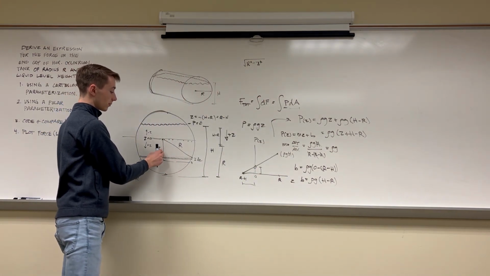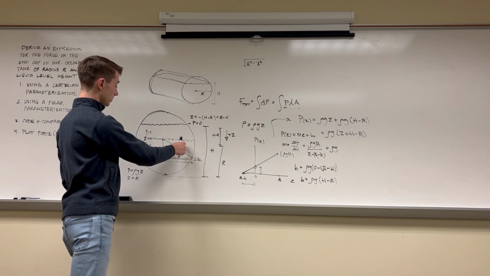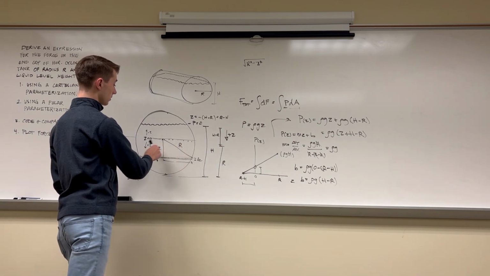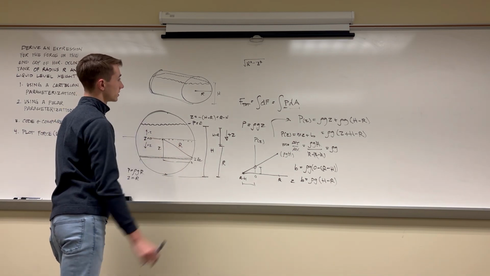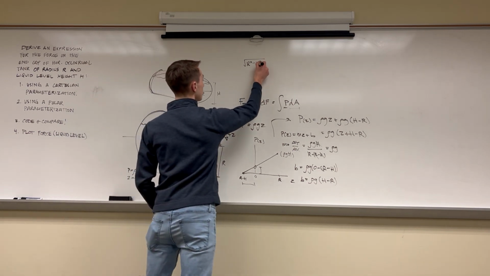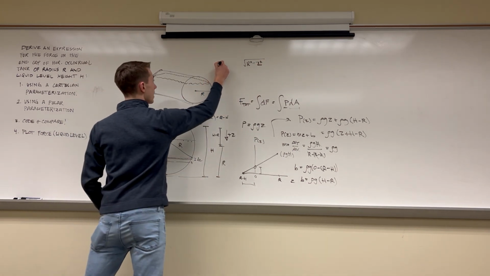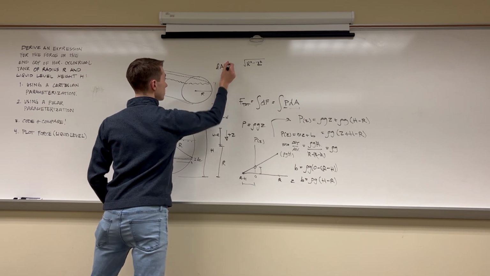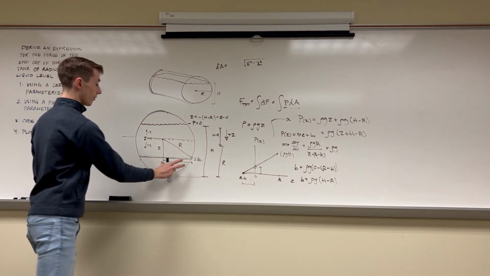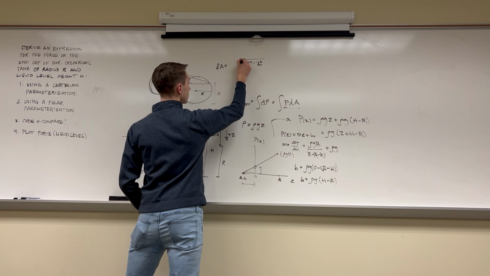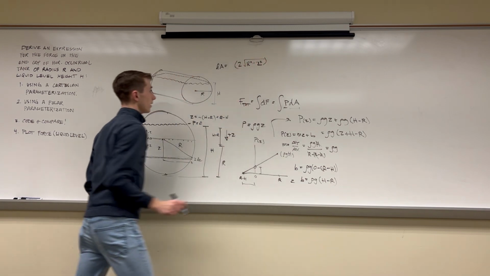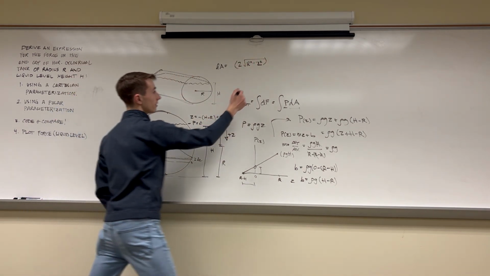Let's call this x: z squared plus x squared equals r squared. We don't have x, so x equals the square root of r squared minus z squared, taking the square root of both sides. So dA is equal to, we have 2 of these, the length, and then we need to multiply it by the differential unit for height, dz.